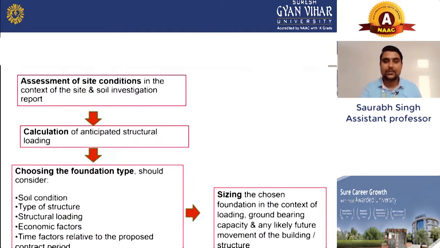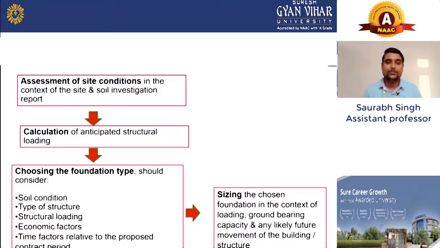Now we will see the basic design procedure for the foundation design. It's like you are a civil engineer. First, what things need to be done before starting the construction? First, as you can see here, assessment of site conditions in the context of the soil and site investigation report.